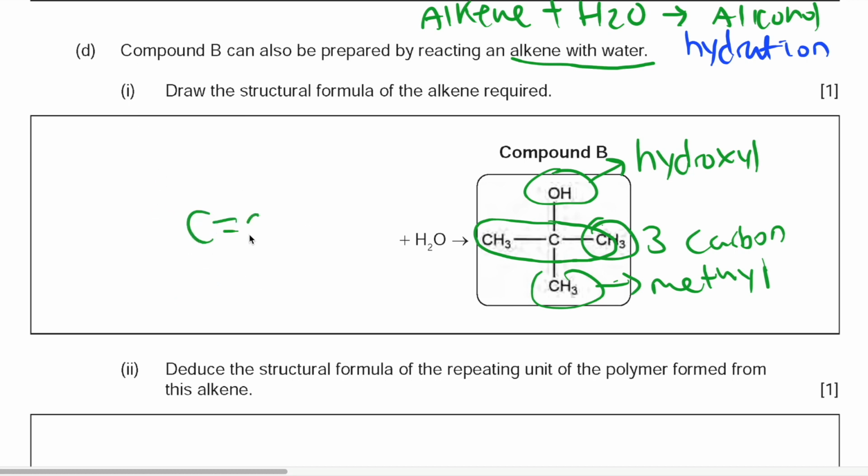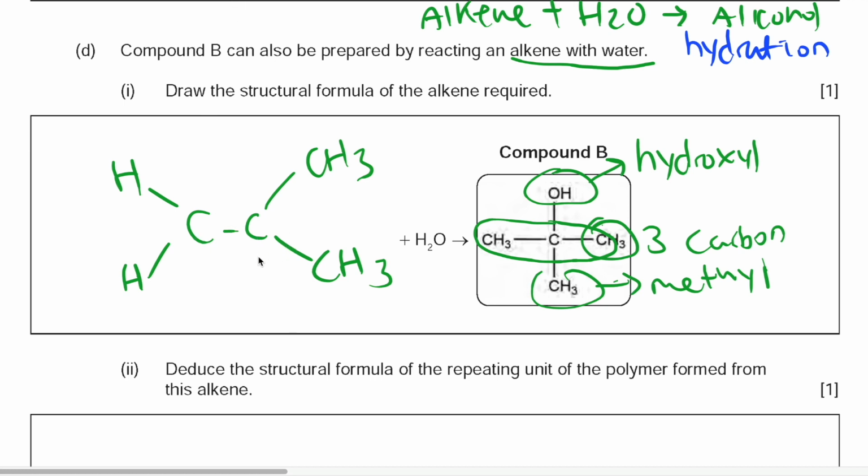So you have a double bond and another carbon connected to the longest chain and a substituent group, and then two hydrogens. And when this alkene reacts with water, the double bond will break so that it has an extra bond to connect with the alcohol group. And this is known as the hydration process.